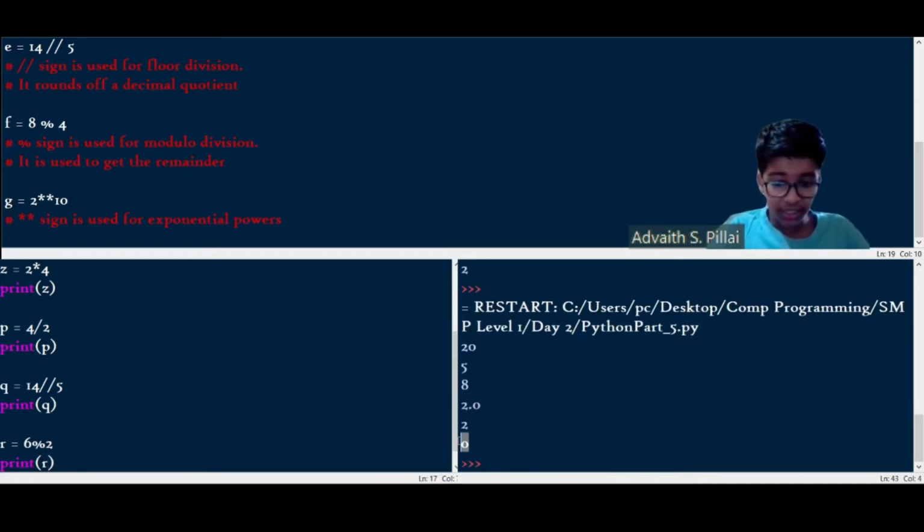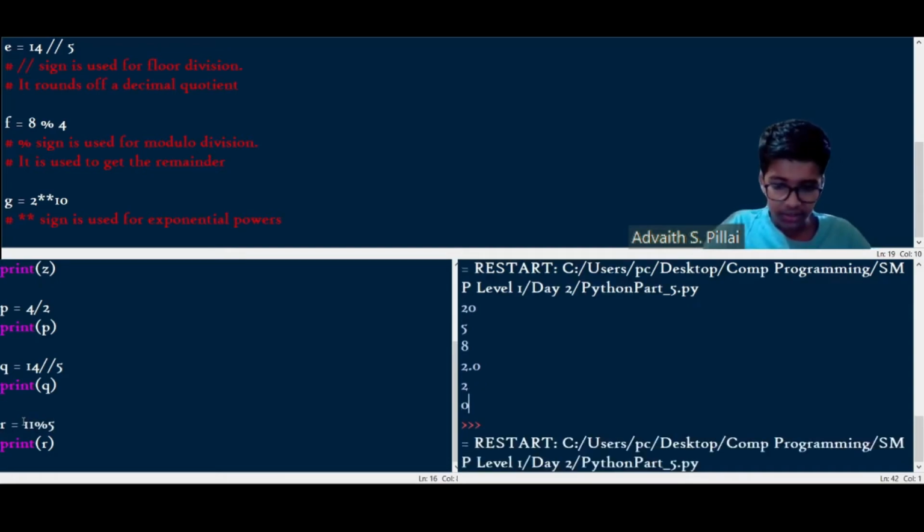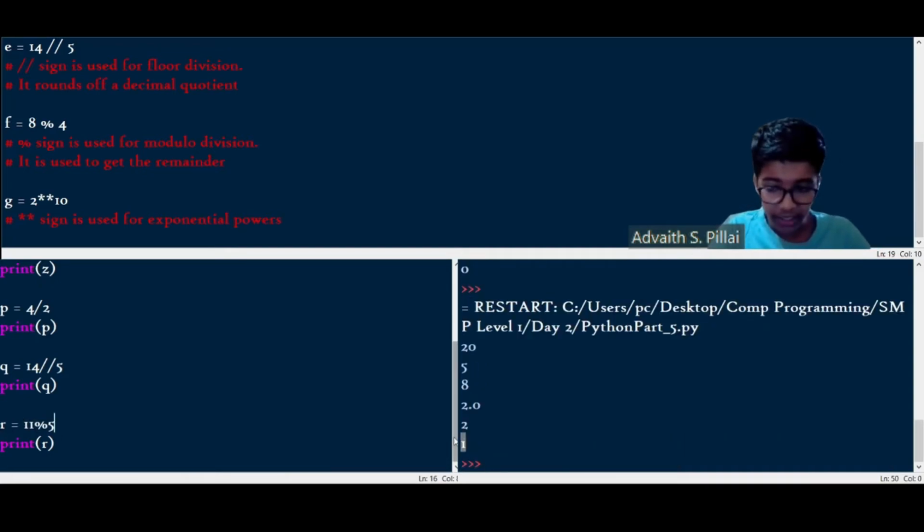You can see the remainder is 0. This is because 6 divided by 2 is 3, and the remainder is 0. If we try this with different values, let's take 11 modulo 5. Let's run it. As you can see, the remainder is 1, and this is correct.